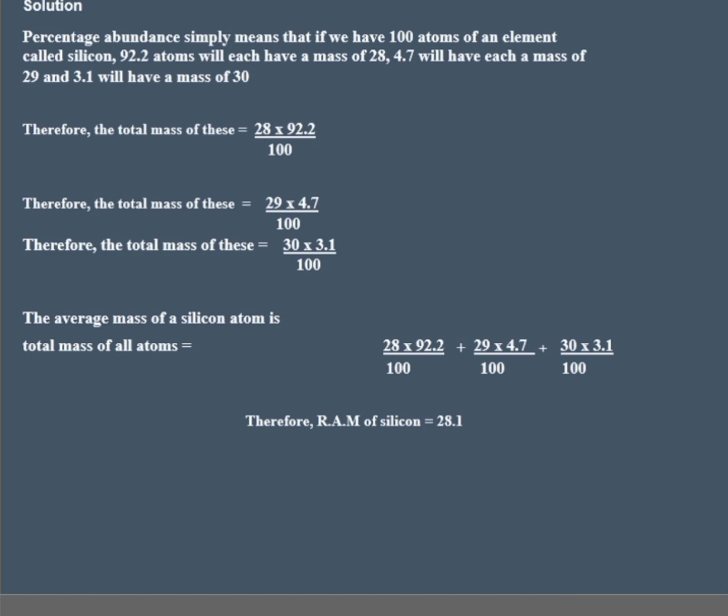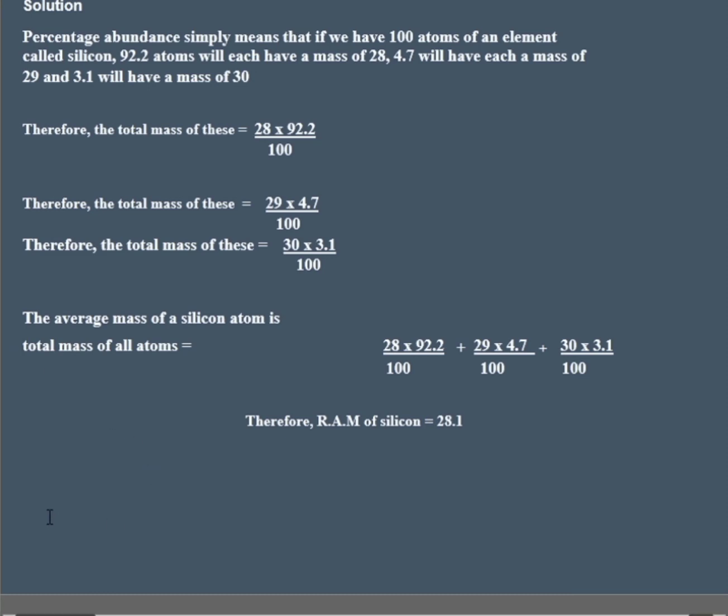The question says, a sample of an element X consists of 9 over 10 of the element X with mass number of 16, atomic number 8. 1 over 10 of the isotope is X with 18 mass number and 8 atomic number.